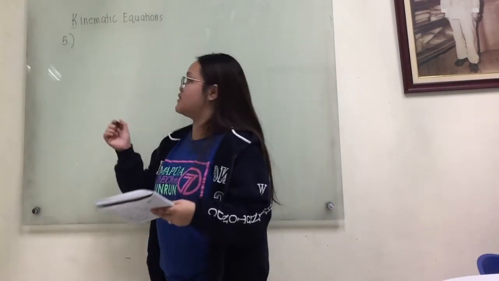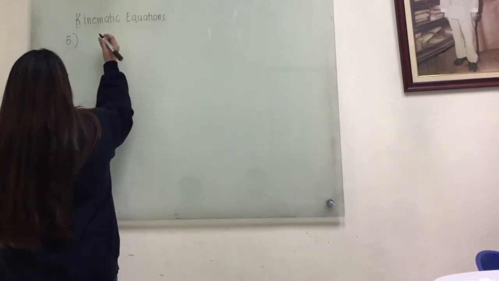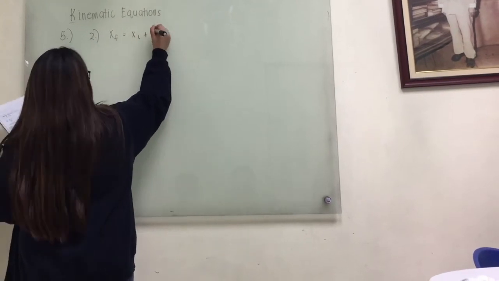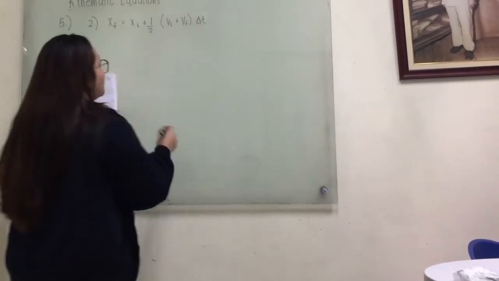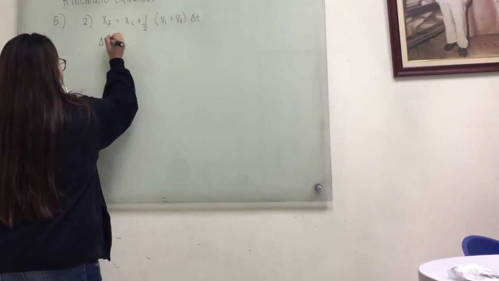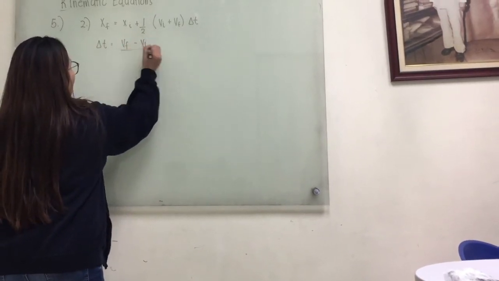So for our last equation, equation 5, we will derive this equation from equation 2. We will start with equation 2, which is xf is equal to xi plus 1/2 (initial velocity plus final velocity) times delta t. We derive the equation for delta t, where delta t will be equal to final velocity minus initial velocity over acceleration.